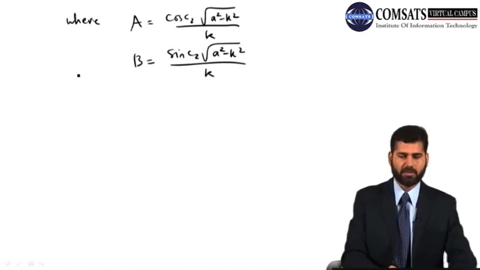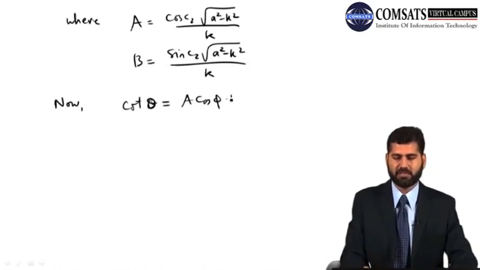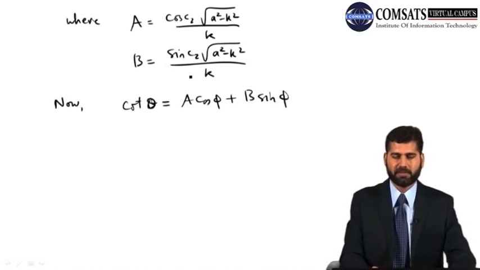All right. So now I got cot theta is equal to a cosine phi plus b sine phi.